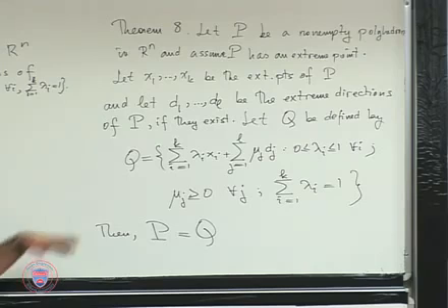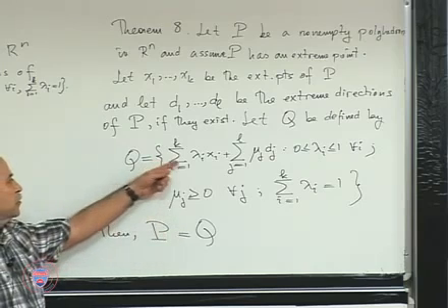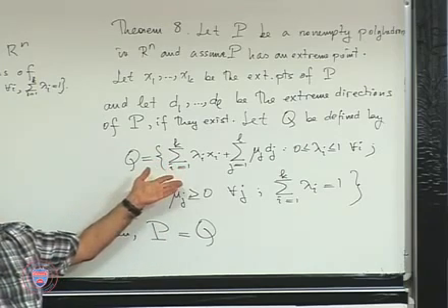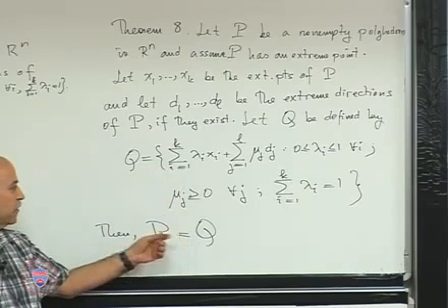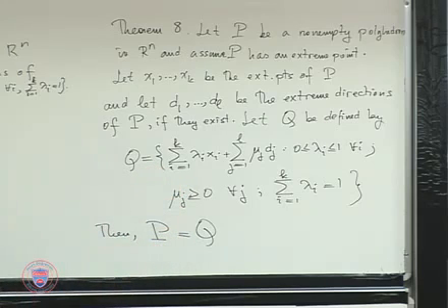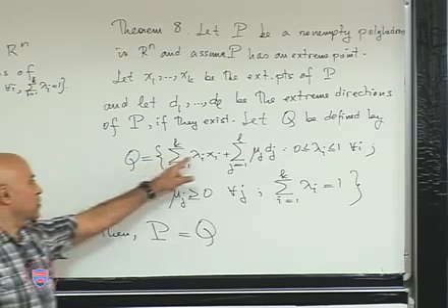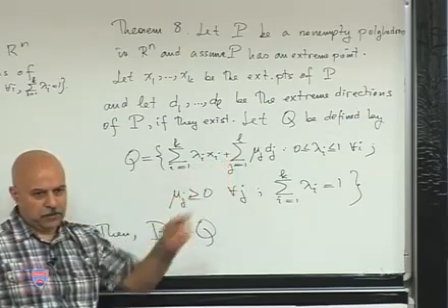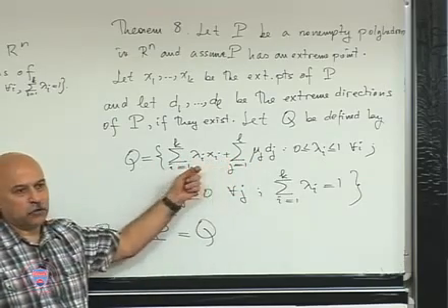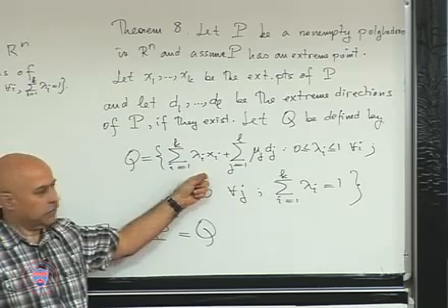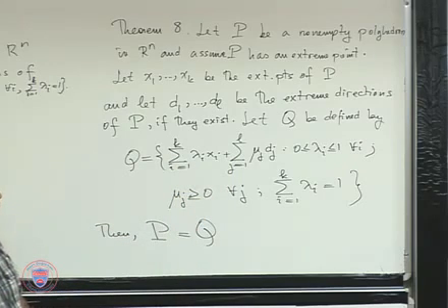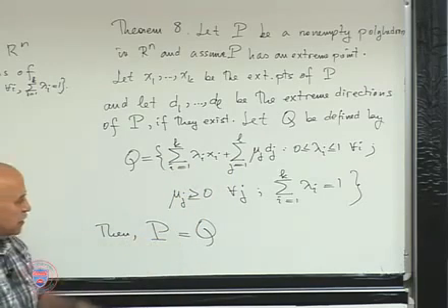It has nothing to do with these extreme directions, well, it has something to do, but the definition of P is in terms of half spaces and hyperplanes. But then this definition Q is in terms of extreme points and extreme directions. So we're in a different domain now, okay?